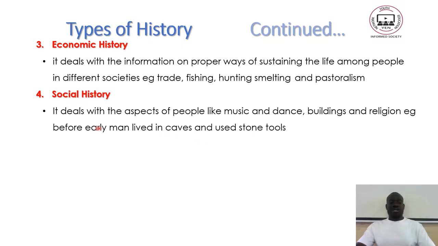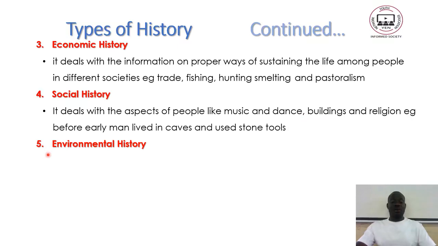Social history is about the way people were doing their social things, how they were identified. That is the culture of the people. It is the study of music, dance, buildings, and many other things.